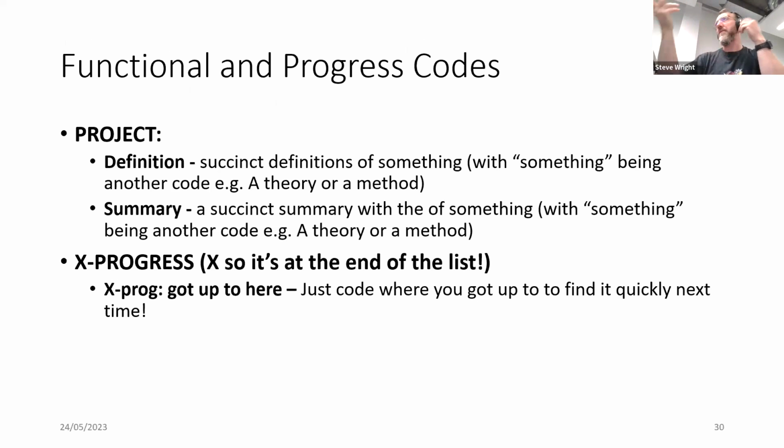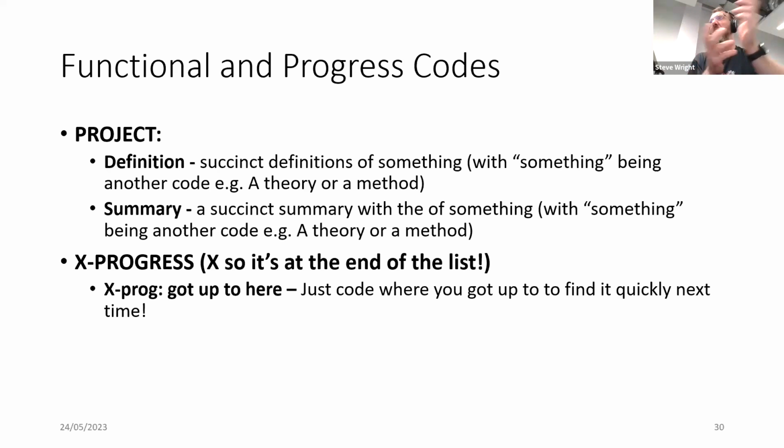As I said, there's a bit of going over it again, but what can be really useful? So this is another code, a definition. If within it, something says, we used a particular protocol, and there's a definition of what it is, you might code it for what it is, and ooh, that's a useful definition. Or is there a summary?